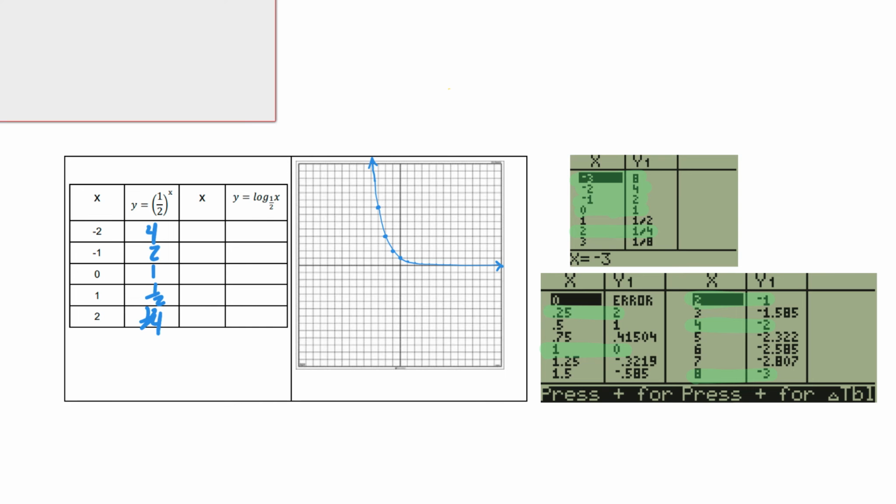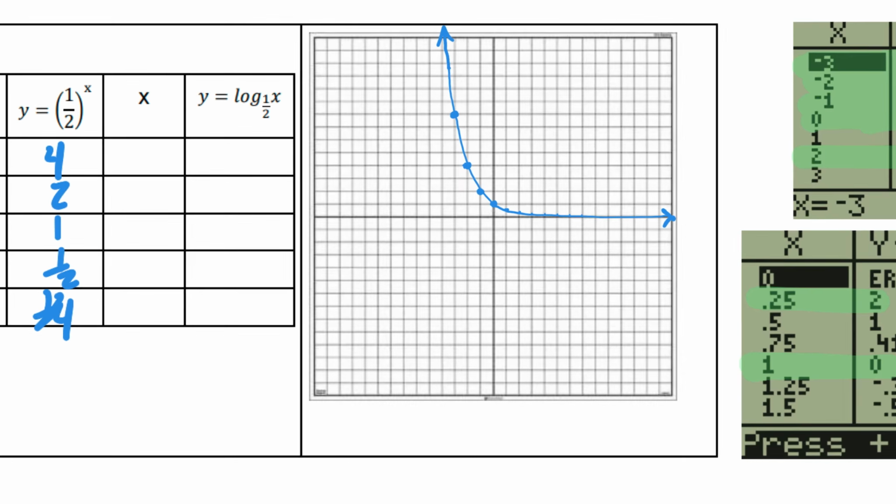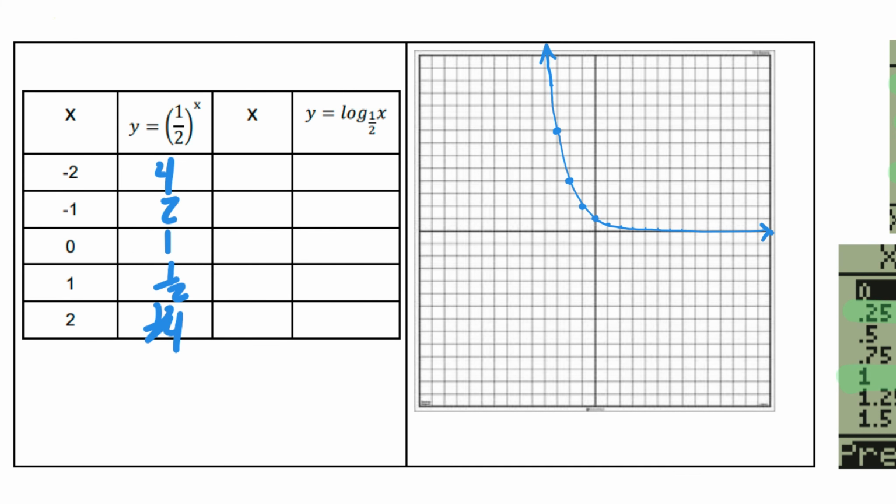So my suggestion when trying to find ordered pairs to graph a logarithm is to steal from the exponential, and that's what I'm going to do real quick. So my exponential, excuse me, had an ordered pair of 1/4, comma 2. So I'm going to reverse that.